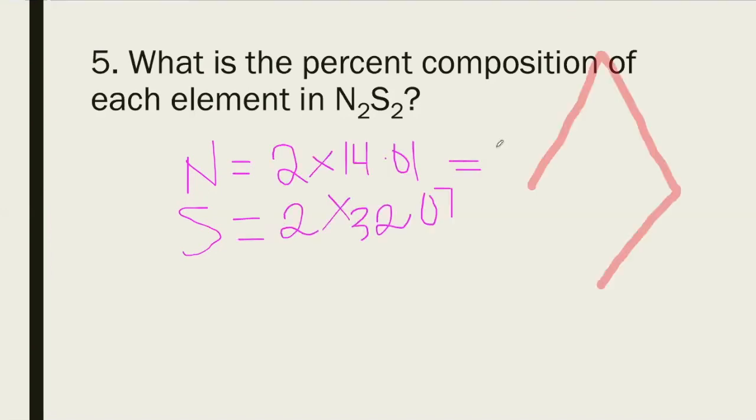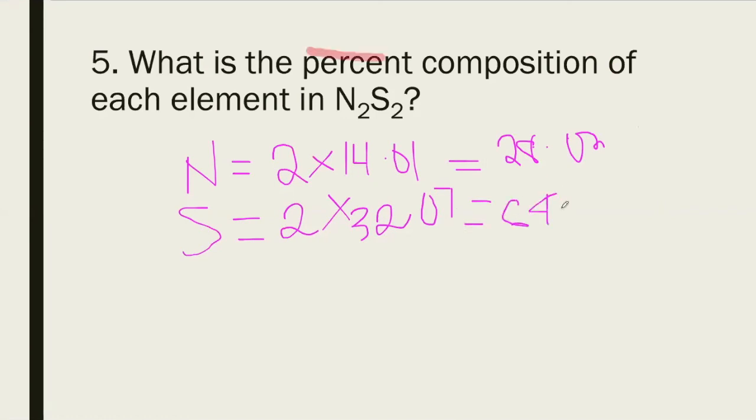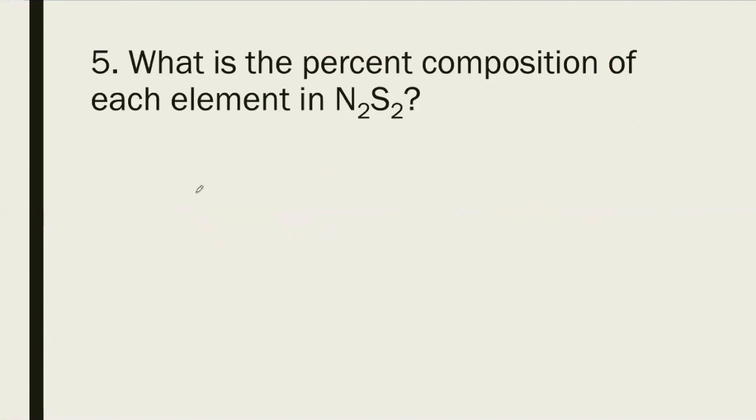So that will equal 28.02 for nitrogen and sulfur will equal 64.14. Add that together, that's 92.16 grams.